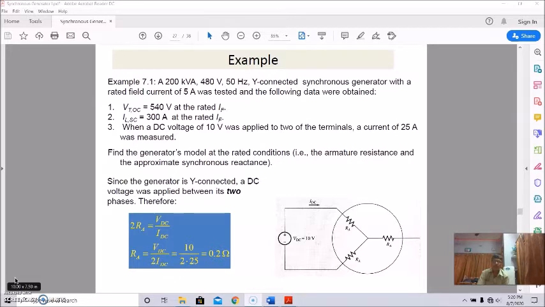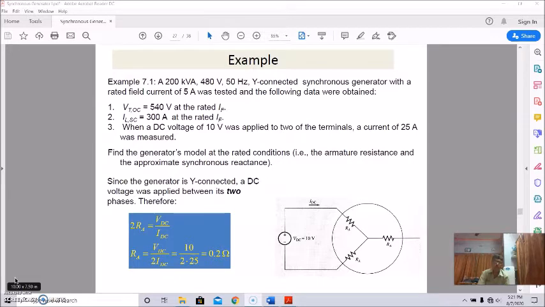Second, the short circuit line current ISC is 300 ampere at the rated field current IF. Third, when a DC voltage of 10 volt was applied to two of the terminals, a current of 25 ampere was measured. This is the data given, and you have to find the generator's model and the rated conditions.